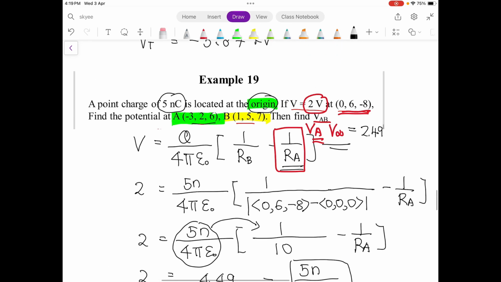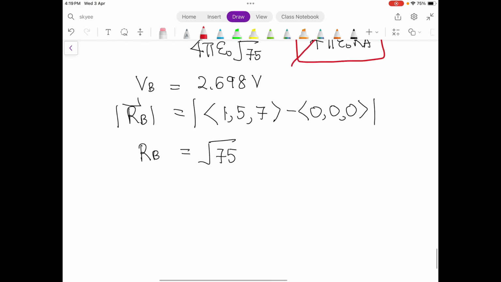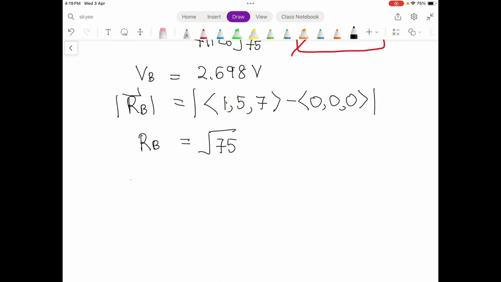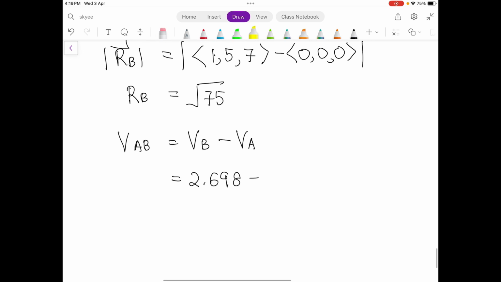Then find the VAB. What is VAB? VAB means you take the VB minus the VA. The VB you have calculated to be 2.698, and you minus your VA, which is 3.93.